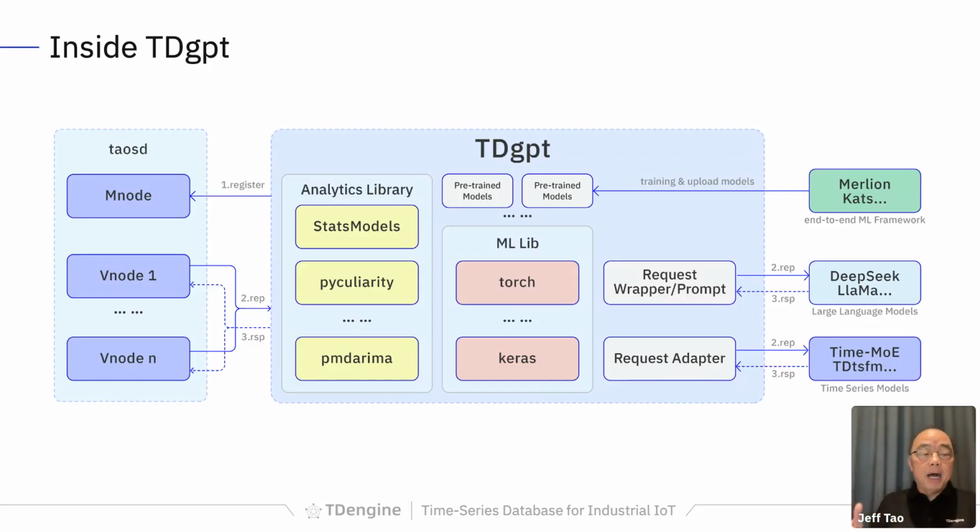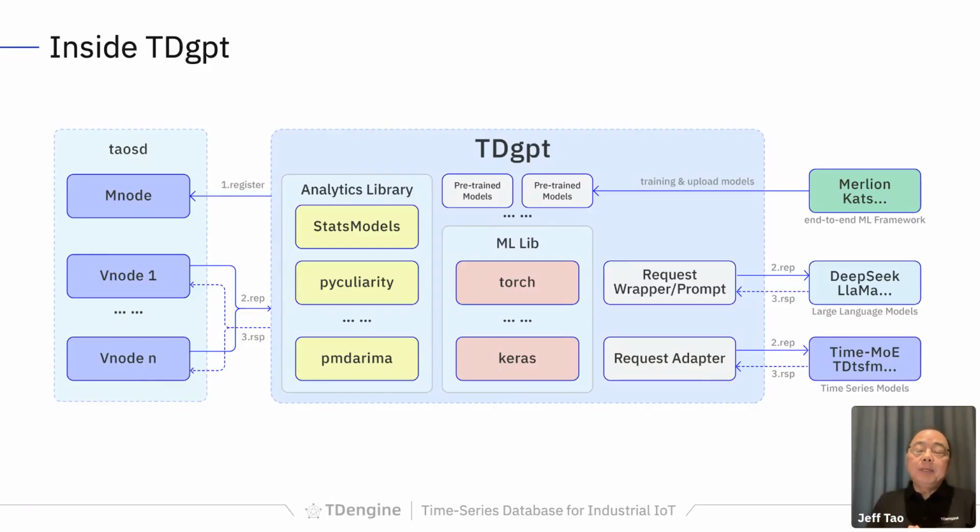Another exciting part is large language models. We support DeepSeek, we support Llama. But from our testing experience, large language models are not good enough, and also not cost effective enough for time series data forecasting, because large language models are more designed for natural language.